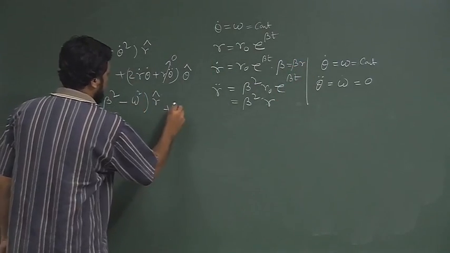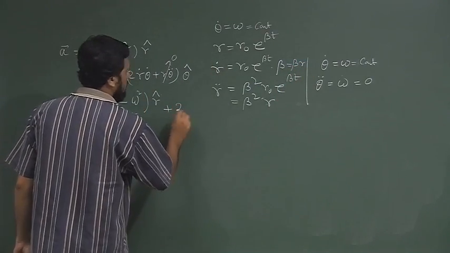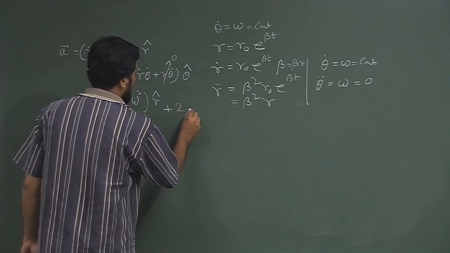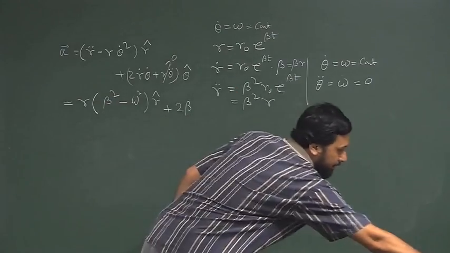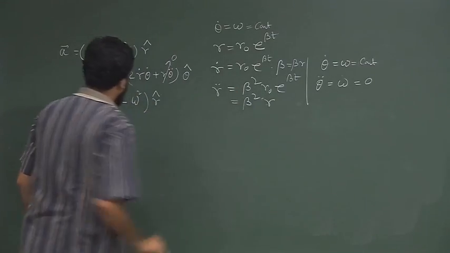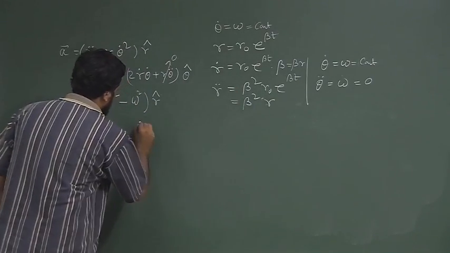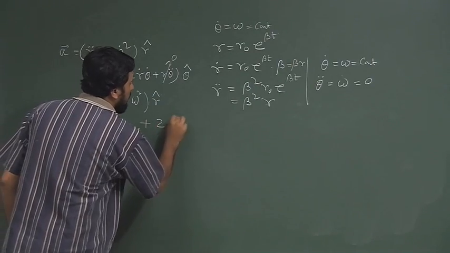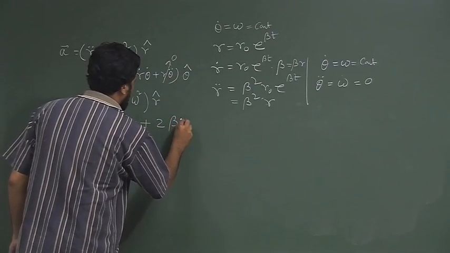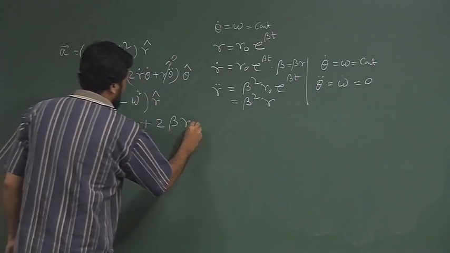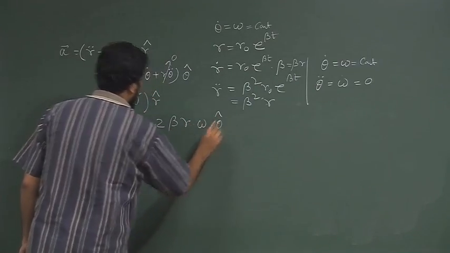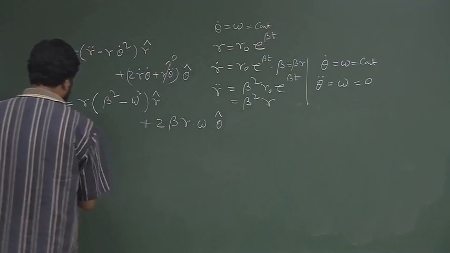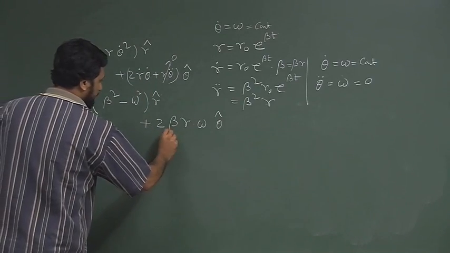So, we have 2 beta, or I will just write it down for clarity, plus 2 beta r into omega theta dot, right. So, it is all final.